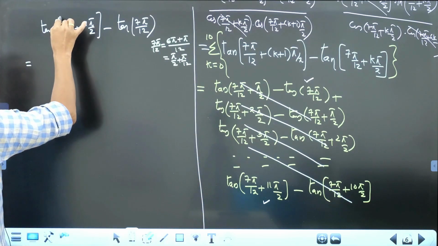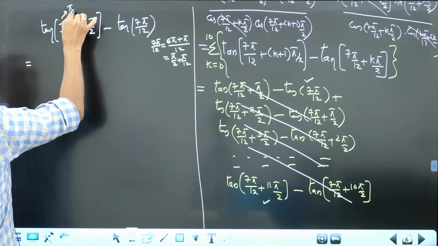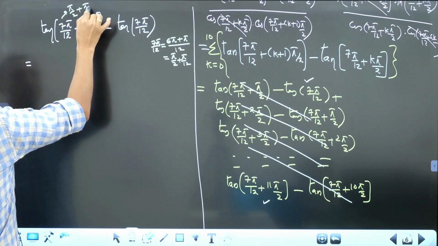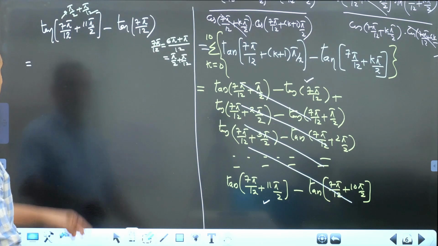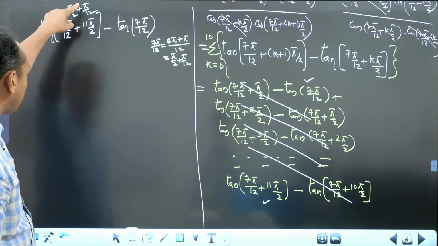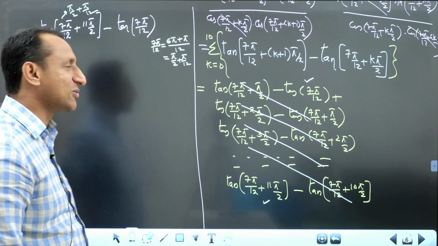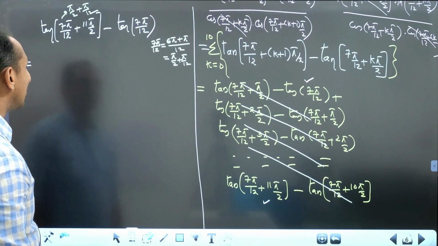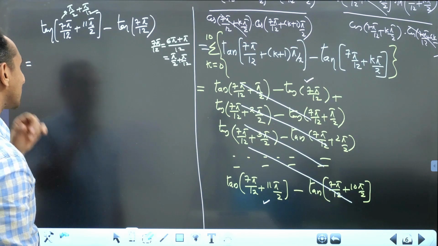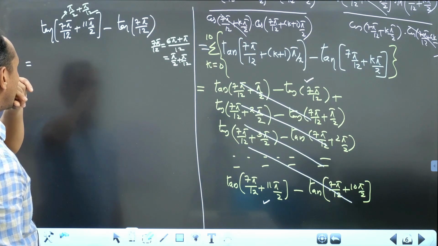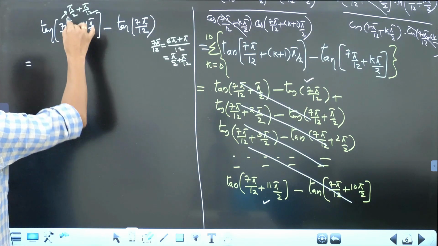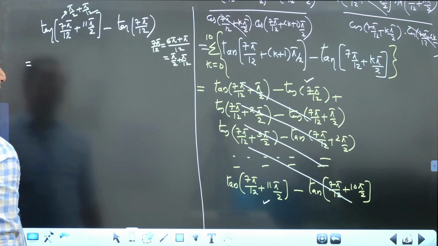So this term becomes π/2 plus π/12, plus 11π/2.